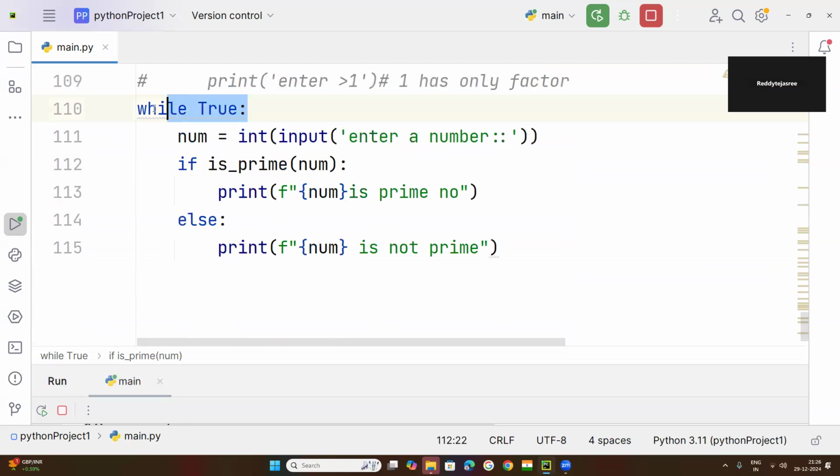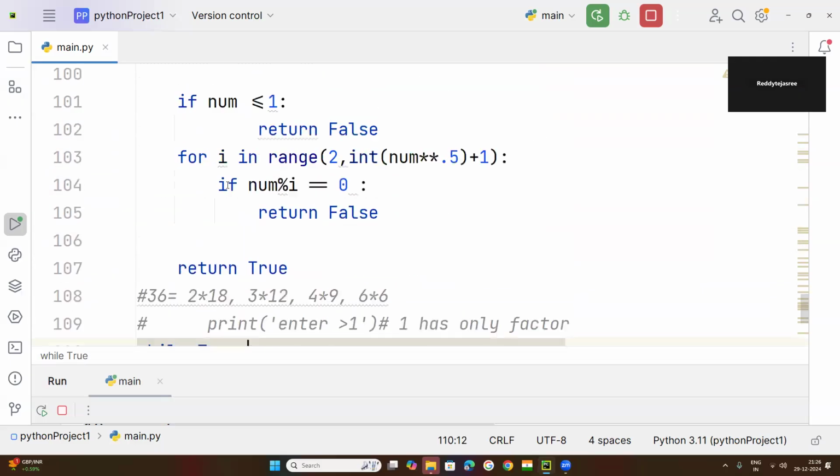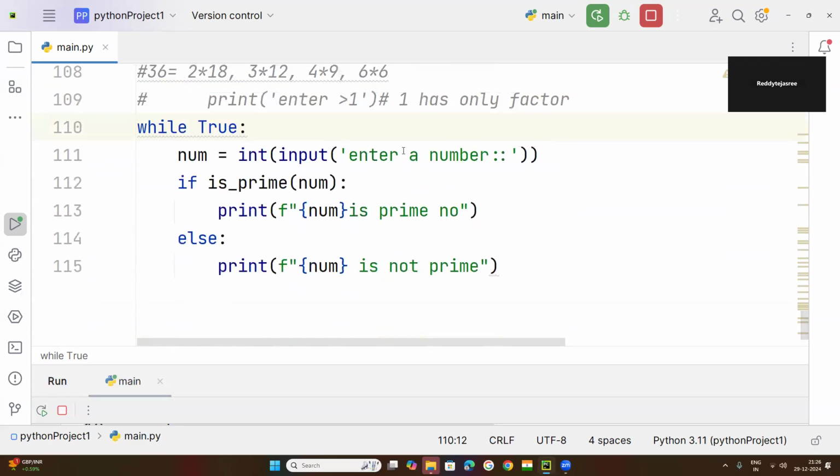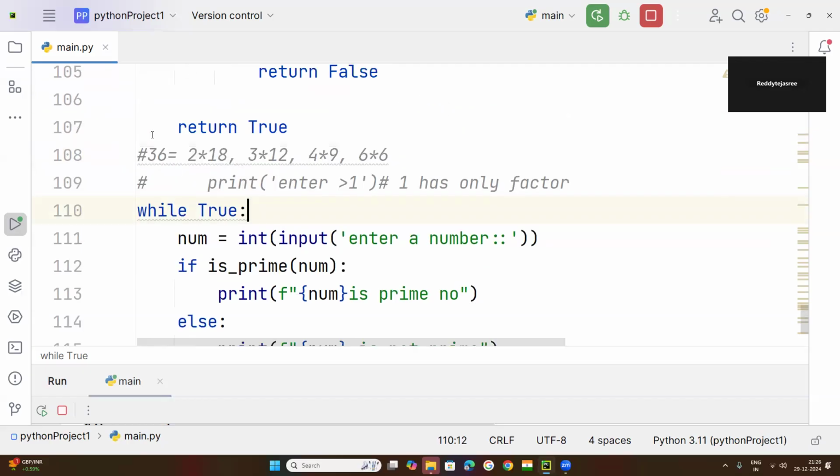This while loop part of asking the user to enter a number must be written here, not inside of the function. Every time this loop continuously rotates, asking the user to enter a number. That's why it must be part of here, not inside of the function.